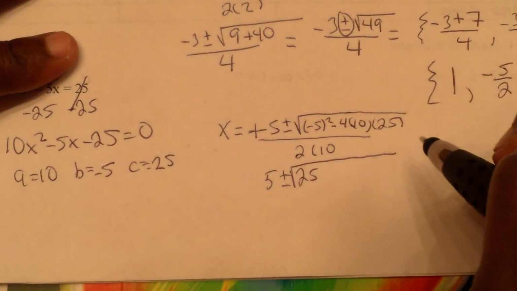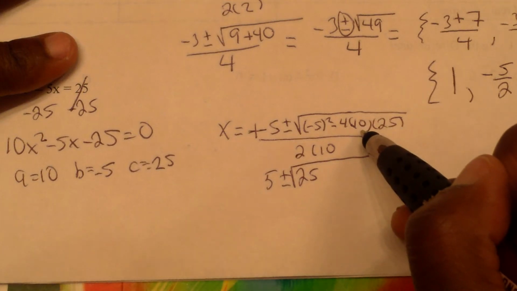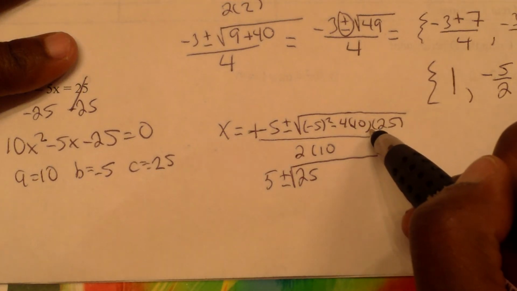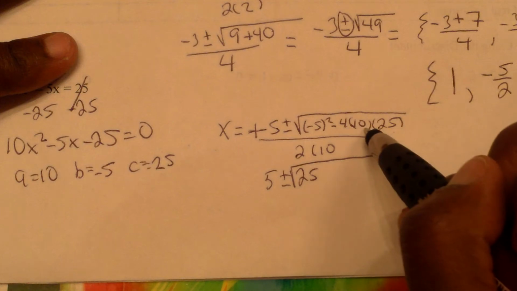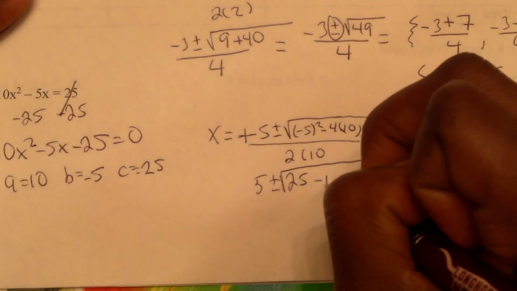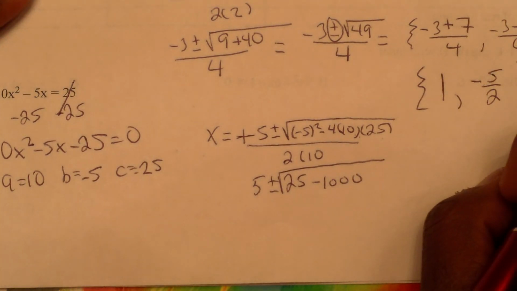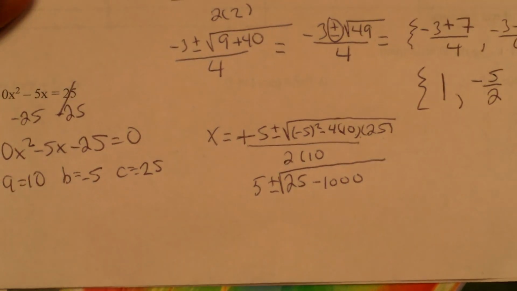Sorry, I just had a brain fart. Okay, that's a positive 10. Negative 4 times A times C. Yeah, okay, so that's negative 40 times 25. So that's going to be negative 1,000. I did something wrong. Hold on, let me pause it.